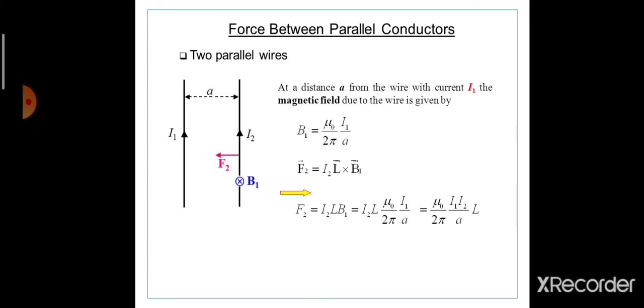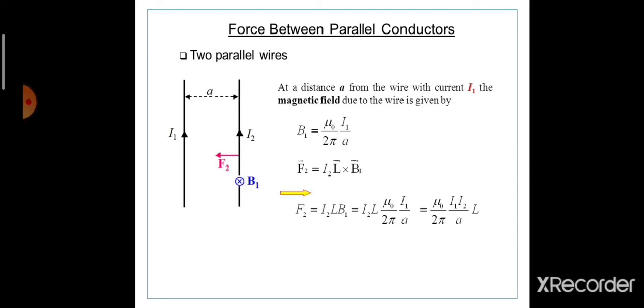They are separated by a distance A. Considering the first wire alone, at a distance A from the wire with current I1, the magnetic field due to the wire is given by B1 = mu 0 I1 by 2 pi A. We had already discussed the equation B = mu 0 I by 2 pi D due to an infinitely long straight conductor carrying current.